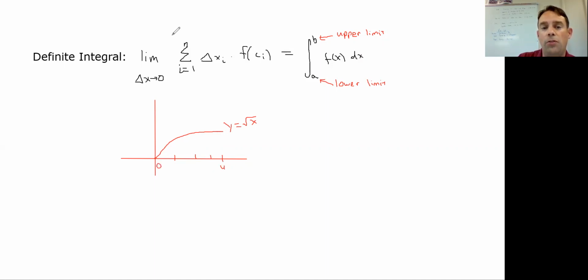If I wanted to know the area under this curve, so in other words, if I wanted to find the area of all this stuff under the curve, down to the x-axis, that would be equal to the definite integral. A is the lower limit, so here's my lower limit, it's at 0. B is my upper limit, so this would be 0 to 4.